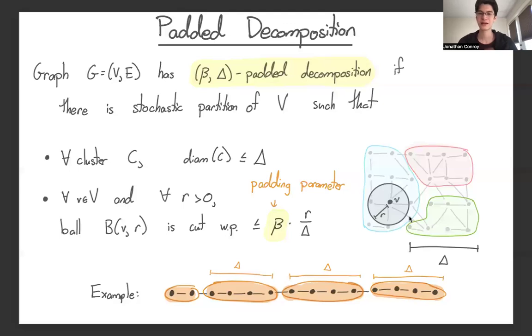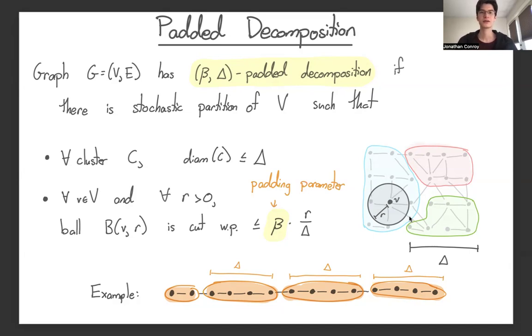So it's easy to see that every edge is cut with probability 1 by delta, and in general, an interval of length r is cut with probability r by delta. So this says that r by delta is the right thing to compare against when we want to chop up more general metric spaces into bounded diameter components.